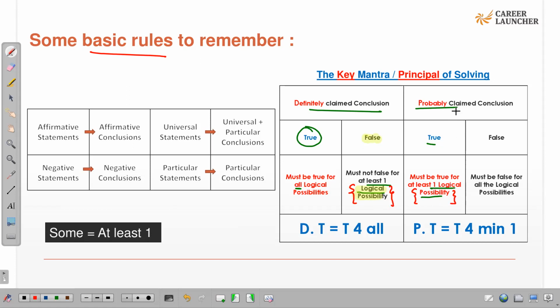Similarly, if something is claimed as probably true, it needs to be true for a minimum of one possibility, and if something is claimed to be definitely true, it needs to be true for all logical possibilities. The last keynote that we also emphasized, because there are a lot of possibilities that come with respect to 'some', was that 'some' must be considered as at least one and not all.